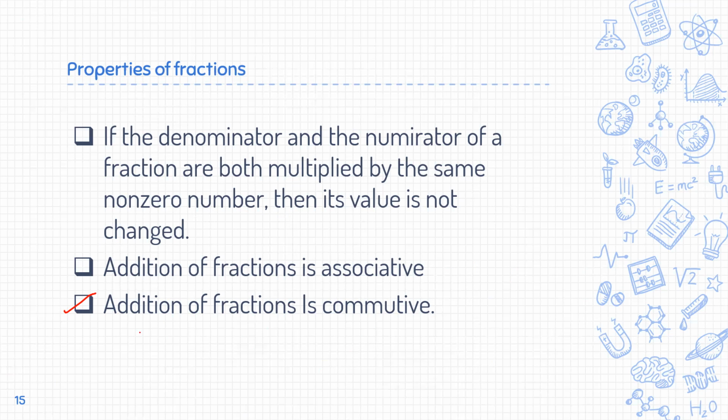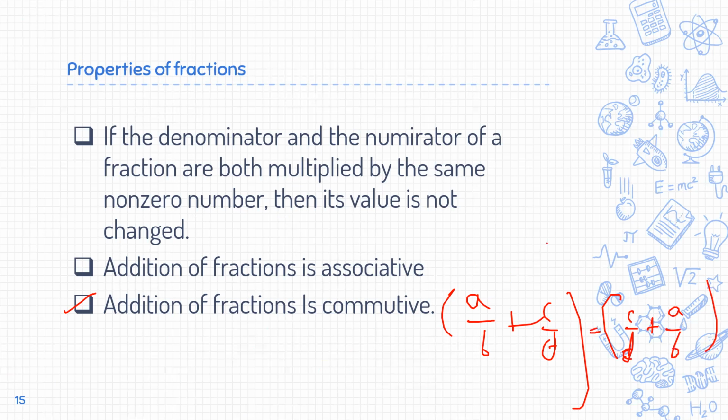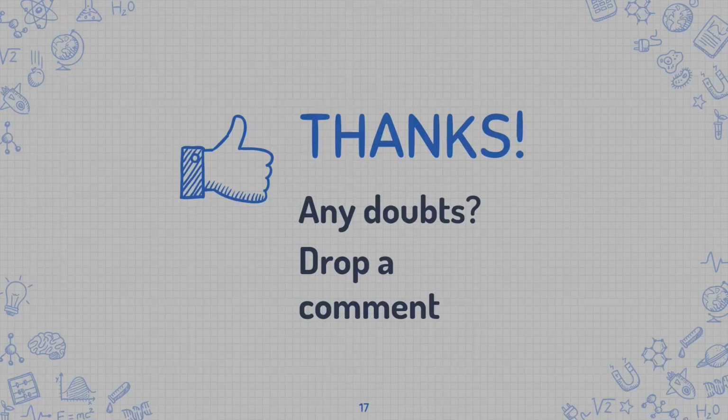Okay, it will not change the sum. So addition of fraction is commutative. In this also, instead of three numbers, there are two numbers, and you can simply make pairs and change their orders also. Okay, if you add in this way, then also your answer will be same. This is what commutative law means.